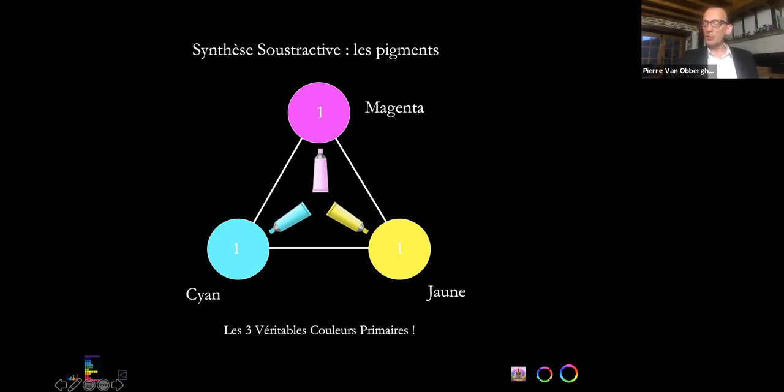That is a very old system, and we have known for more than 170 years that red is not a primary color. Red is a secondary color, and if you use red in place of magenta, you will not be able to make every color. So the three primary colors for painting are magenta, yellow, and cyan.